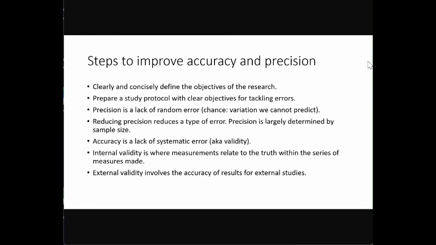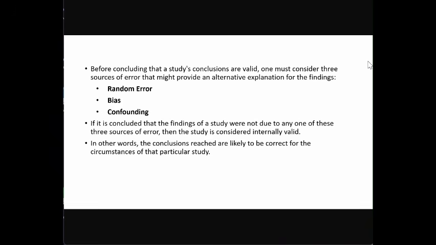Then for a study to be externally valid, it means that the results can be generalized, are generalizable. Before conducting a study, you need to ensure that there is no random error, no bias, or confounding.